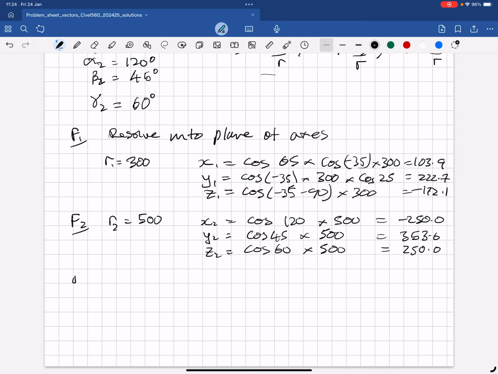The resultant, FR, is equal to F1 plus F2, these vectors, and we simply add the components.